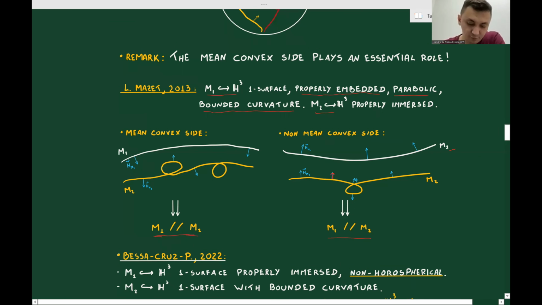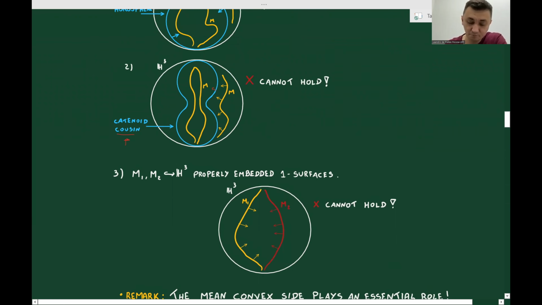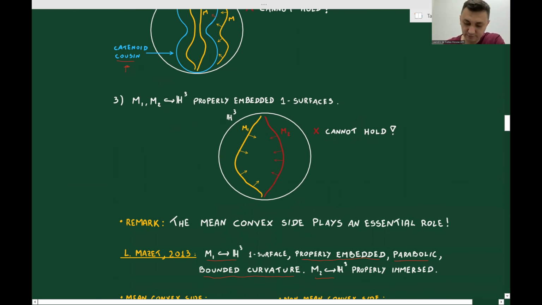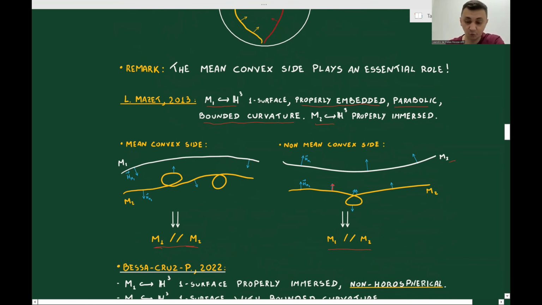And furthermore, we can deduce from Mazet's results, mainly the first two results for the catenoid and the horosphere, because they are one surface embedded, proper, and also parabolic with bounded curvature.